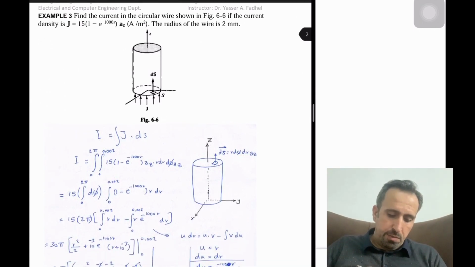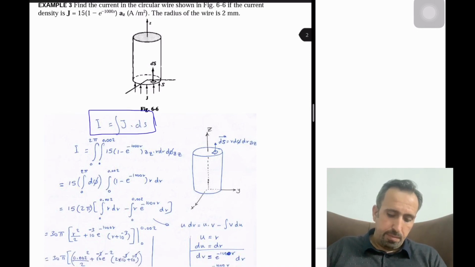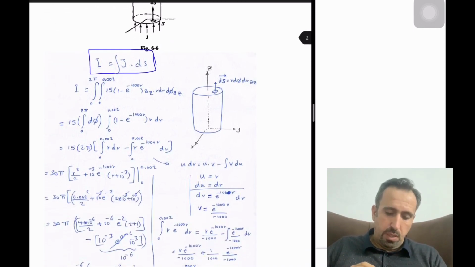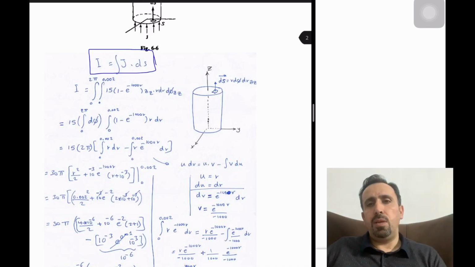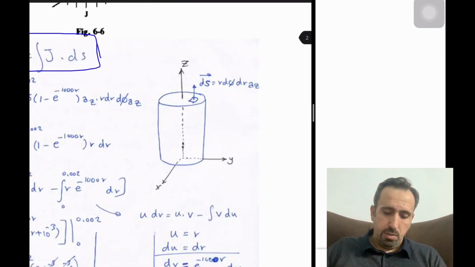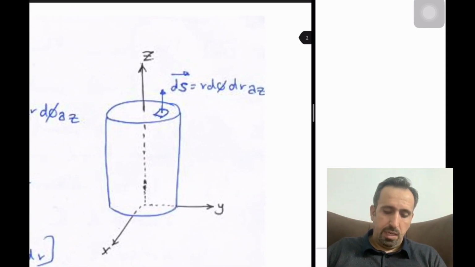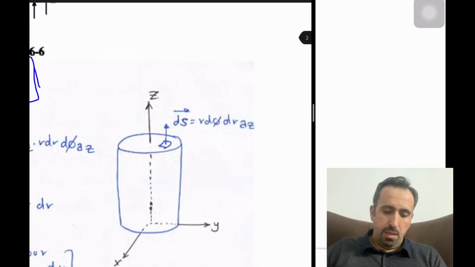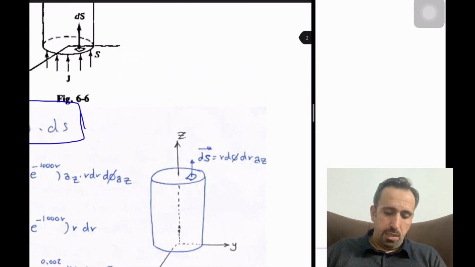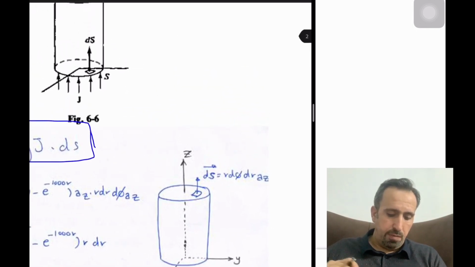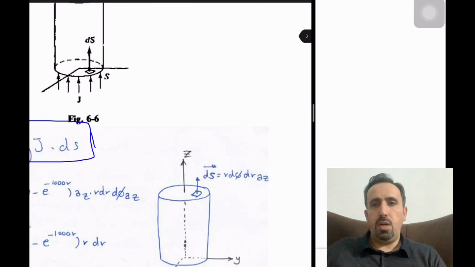Now, to apply this formula, you have to conclude ds from the geometry of the question. May I zoom in just to understand what is taking place here. As shown in figure 6.6, you have a current directed upwardly.